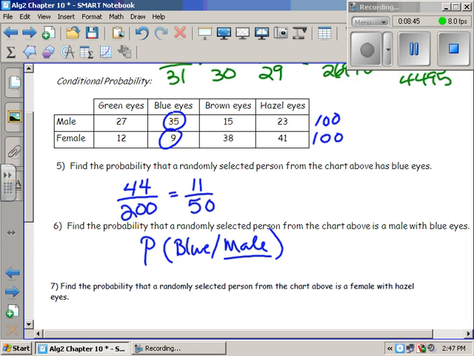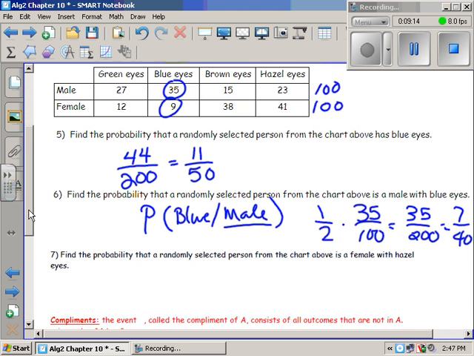Well, in this case, 100 out of 200, or 1/2 of the population is male. And so the probability that their eyes are blue, given the fact that they're male, well, 35 out of 100 have blue eyes, so that's 35 out of 200, or 7 out of 40 are men with blue eyes.